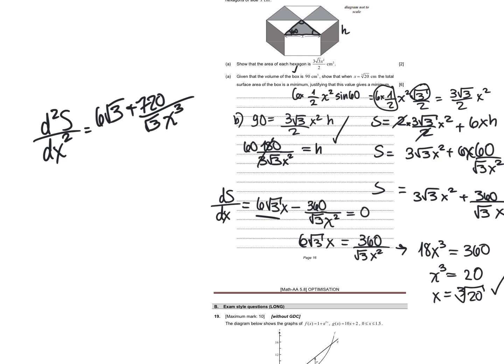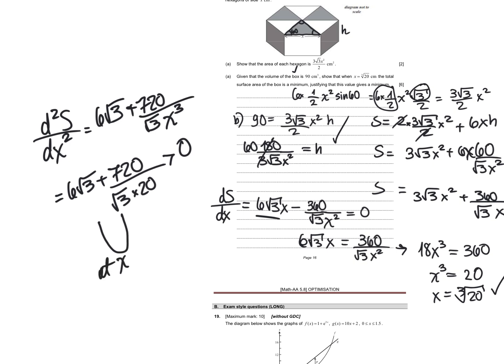And now if we substitute cubed root of 20 in, the cubed root of 20 cubed is just 20. This is clearly greater than 0, which means it's concave up. So at x equals cubed root of 20, surface area is a min.